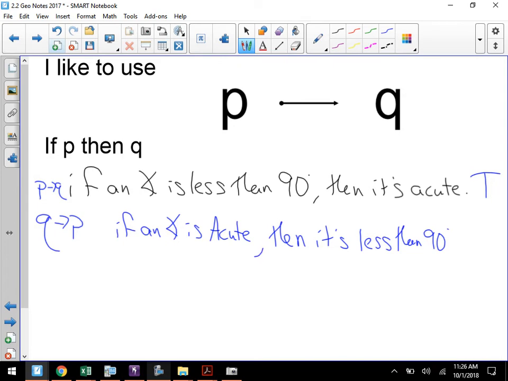If an angle is acute, then it measures less than 90. Is that true or false? True. That's also true. So we have the conditional, P implies Q, and the converse, go backwards, Q implies P.